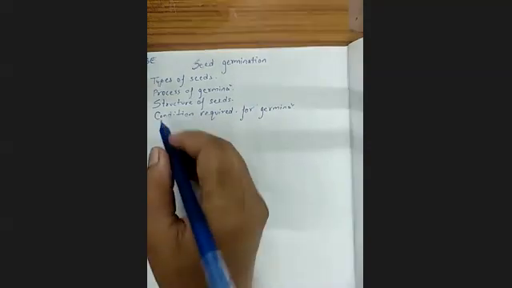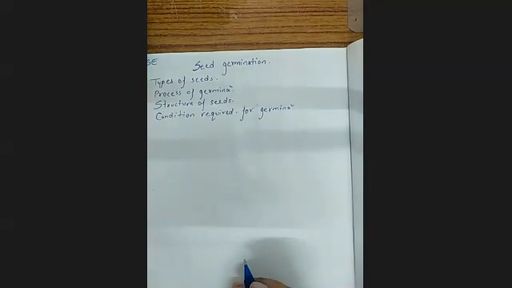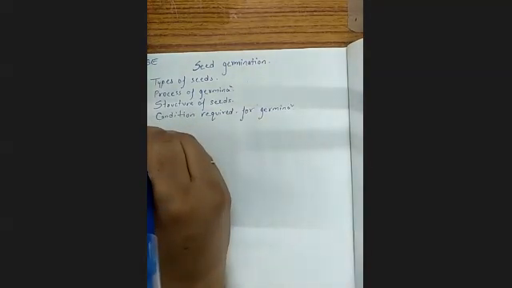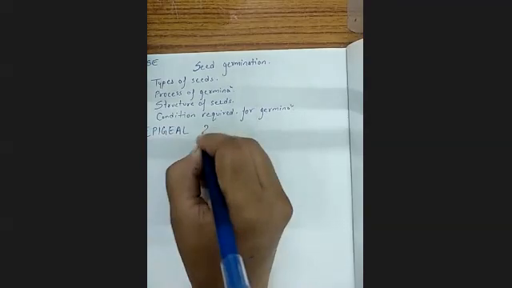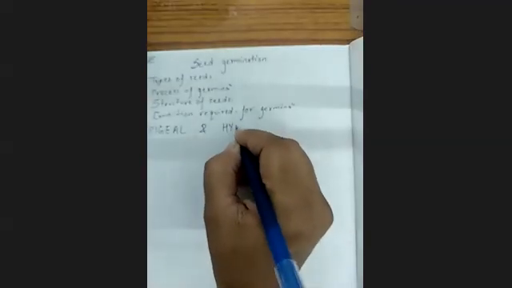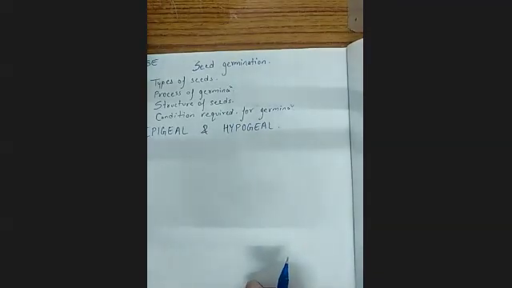Basically, the process of germination, when it takes place, we studied the major types, that is epigeal and hypogeal germination. For that we studied examples like pea, maize, and even beans and castor seeds.